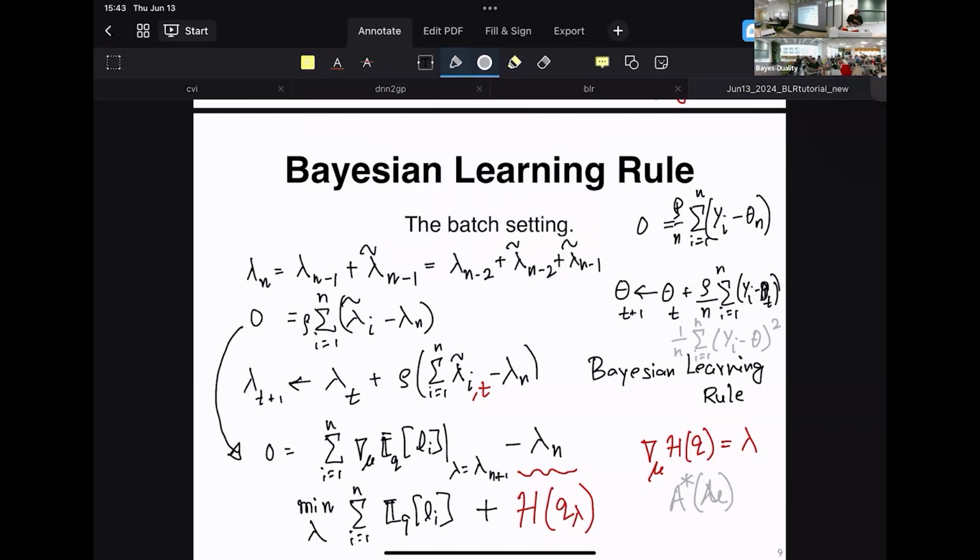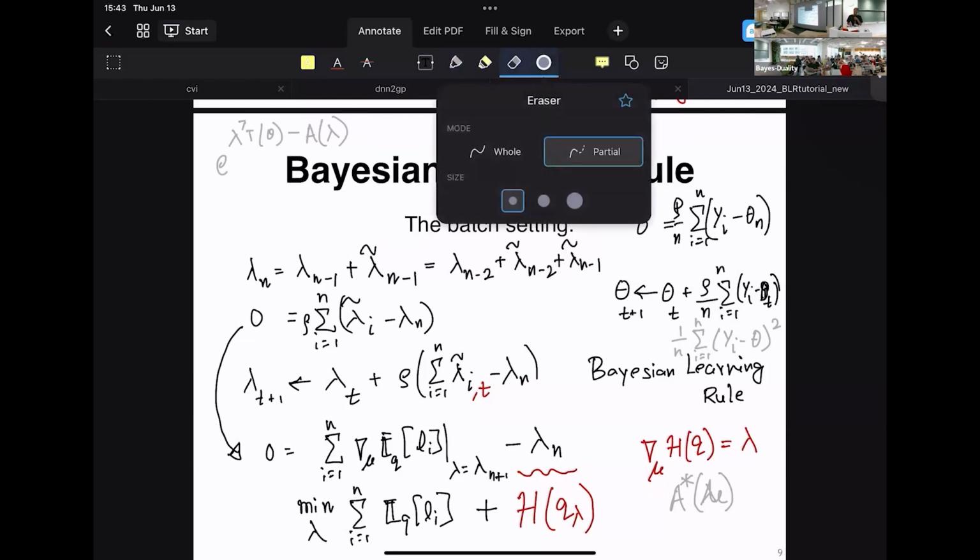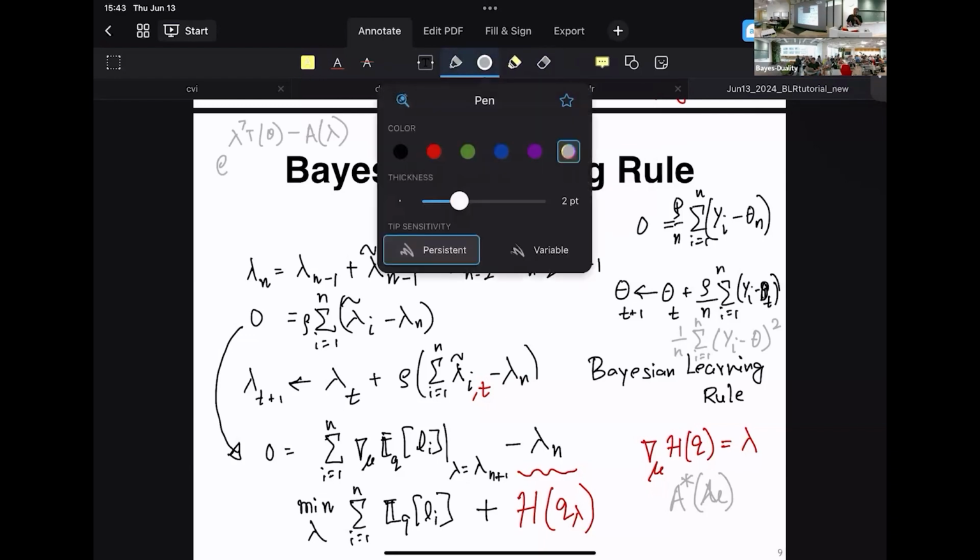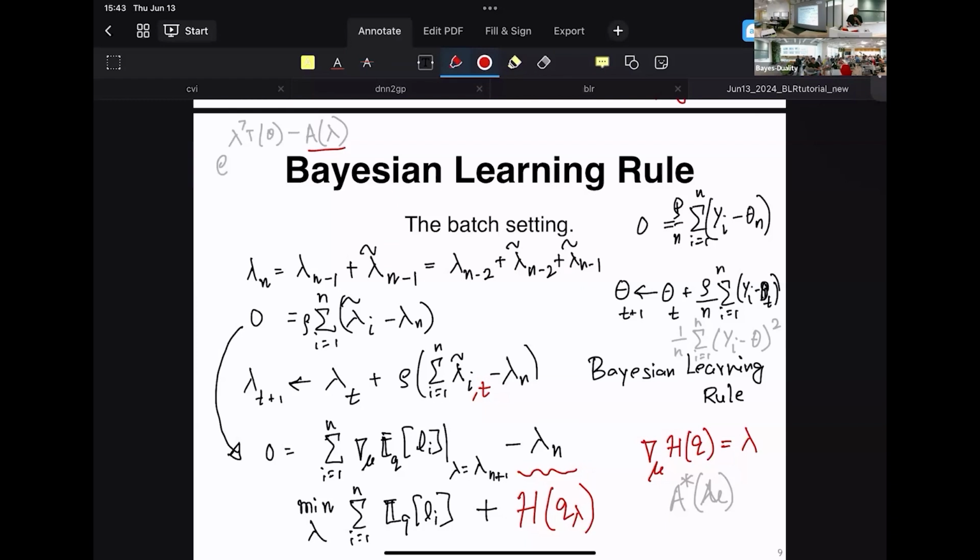Let's just write it down. When I said e to the power lambda transpose T of theta, I hid something, and that's the partition function. This is the normalizing constant of the distribution. I'll finish and then let you ask. This is the log partition function, and it also appears in the Bregman divergence at the bottom. It's the same quantity actually, okay?